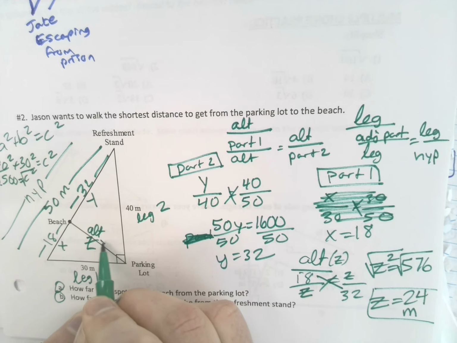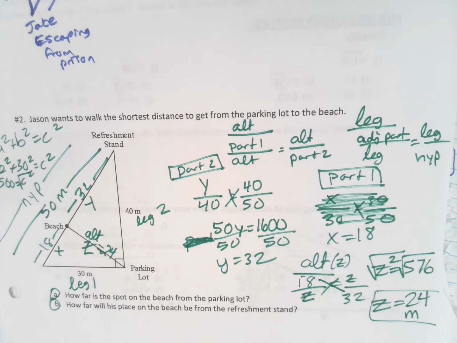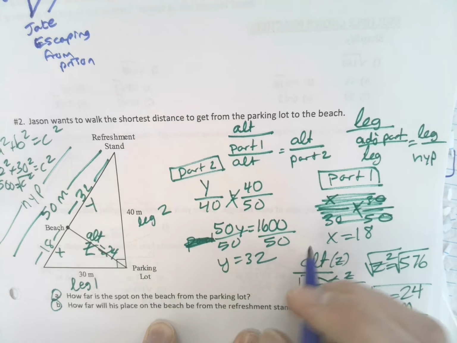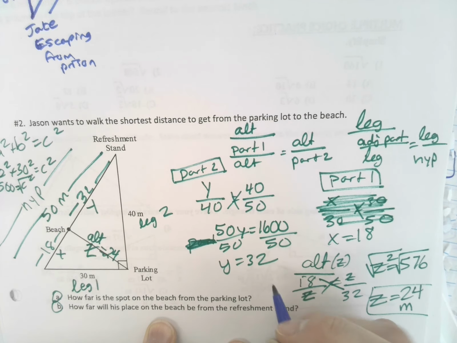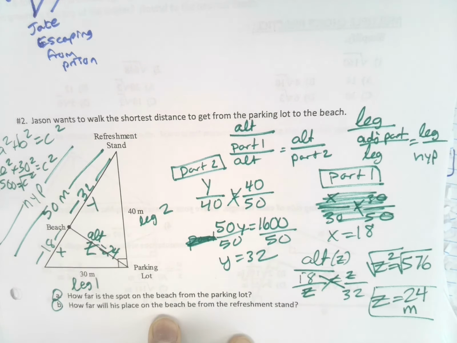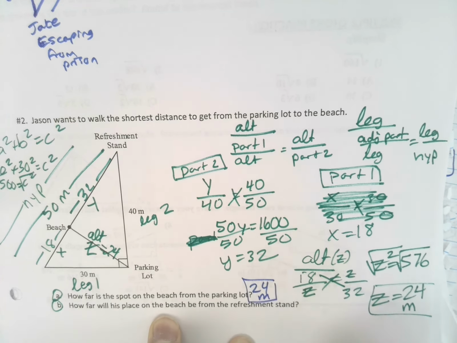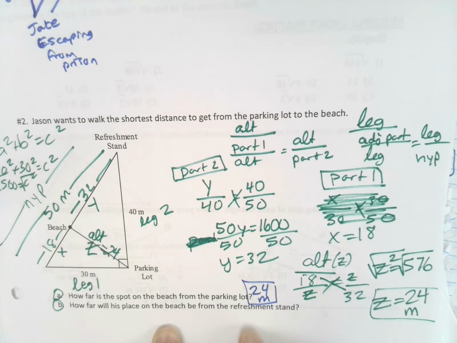Both questions we've technically already answered. So we end up with 24 meters for A, and then Dakota, what'd you get for B? 32. Yep, that was Y.